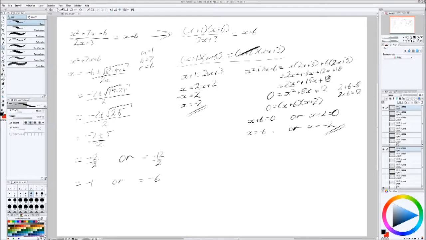Now that negative 2 is one of the values we did get, and the reason why with the linear one we lost that negative 6 answer is because we got rid of that x plus 6 factor. By getting rid of that, we got rid of that negative 6 answer. So technically, if you wanted to be more correct, you would go with that longer option with the greater number of potential answers.